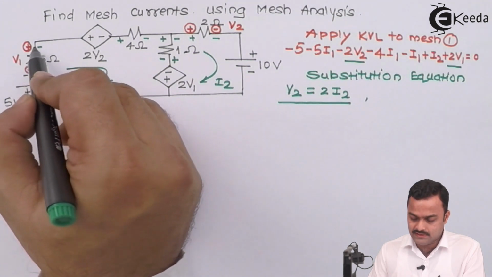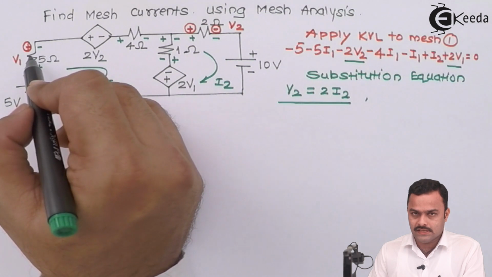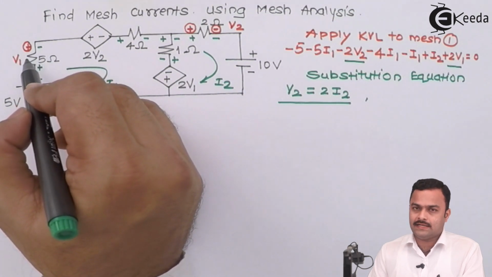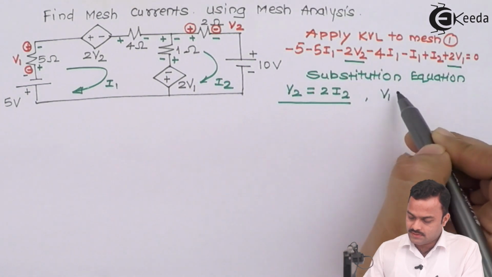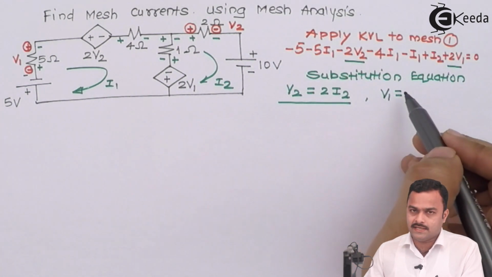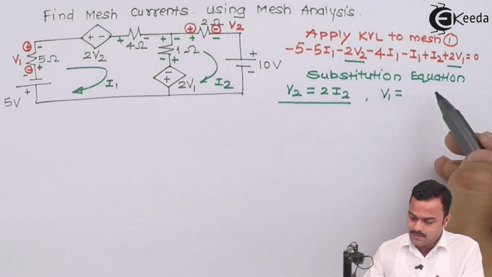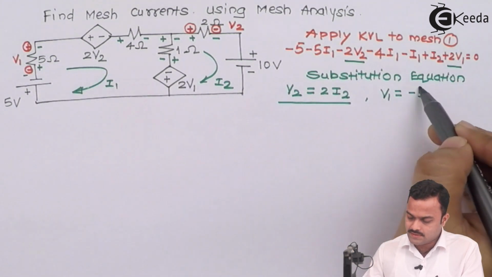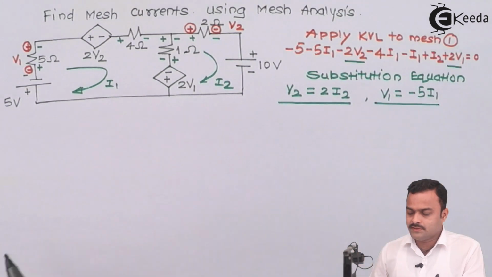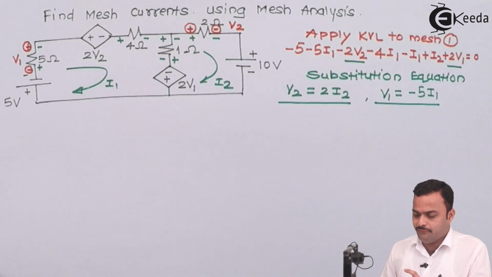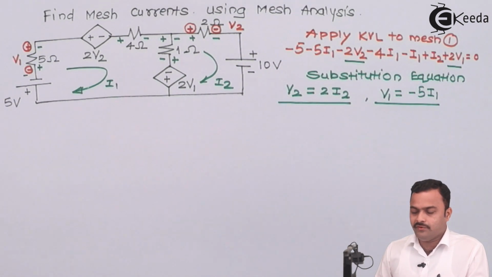Whenever the two polarities are mismatching, we can say that the voltage has to be written with a negative sign. So it is minus 5, the resistance, times the current I1. So the substitution equations are V2 as 2 I2 and V1 as minus 5 I1.